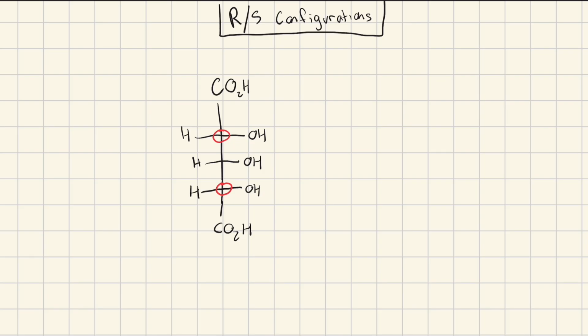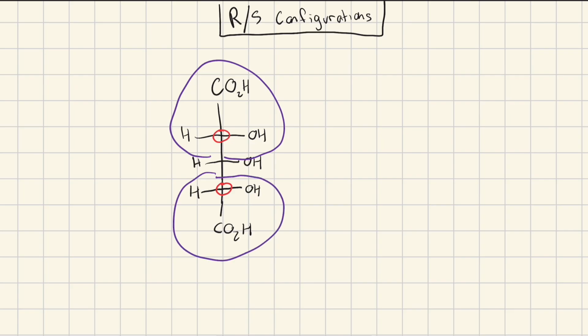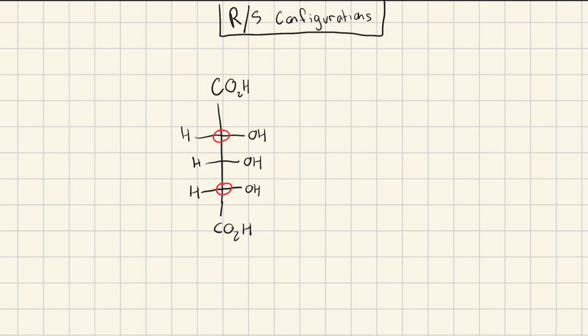But if we look at the carbon in the middle, this one here that's outlined in purple, is this a chiral center? It's not, because it's bound to the alcohol and the hydrogen. Those are 2 different groups. But this group and this group are the exact same thing, meaning that we don't have 4 unique substituents on that carbon. We're only going to have 2 chiral centers on this molecule.